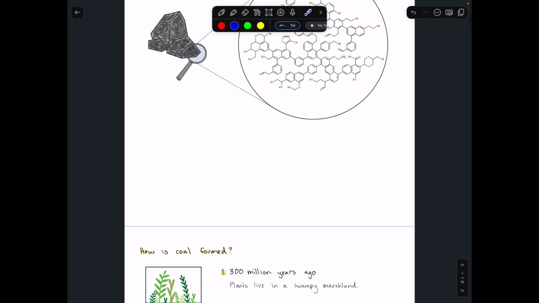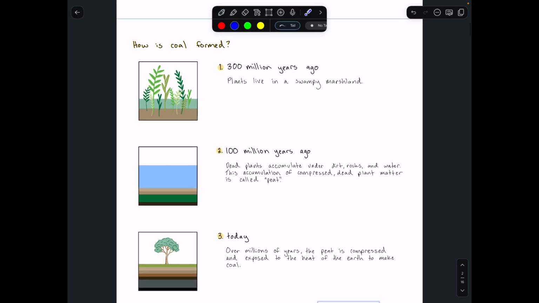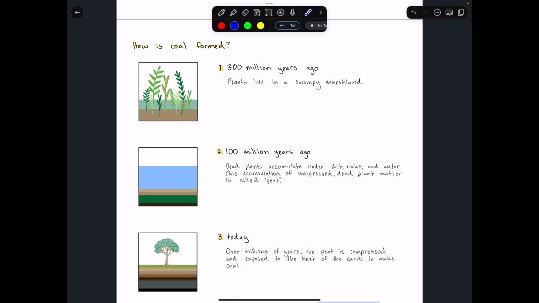All right, let's talk about how coal is formed. So coal, as I mentioned, is made up from dead plants that existed about 300-ish million years ago. And these plants were living in a swampy environment, and when they died, they sank to the bottom of this swampy marshland.